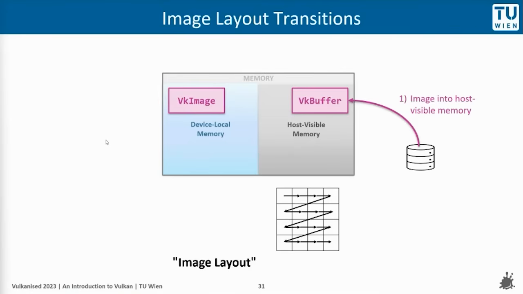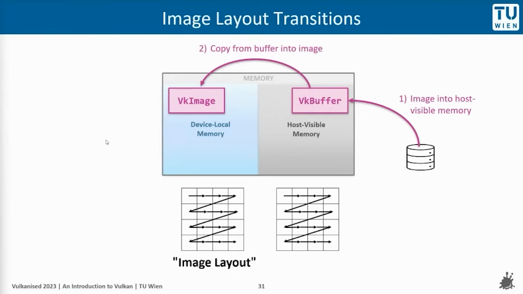And when we then copy over this image from a buffer into a VK image, in order to keep the data intact, this must be in the same layout. So the image must first be in the same layout as the buffer that we have loaded from disk. But Vulkan knows different image layouts. So it might be that a different image layout could lead to better performance.